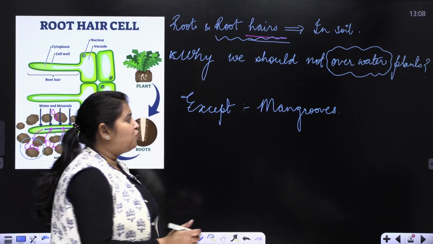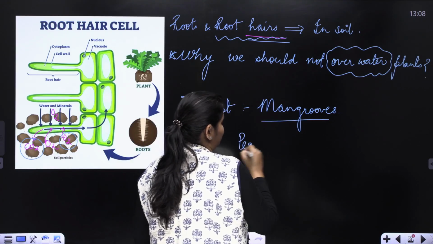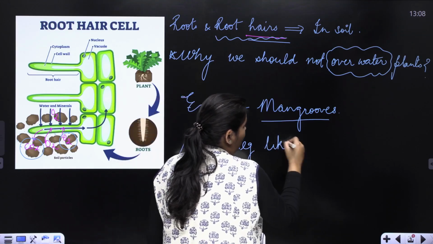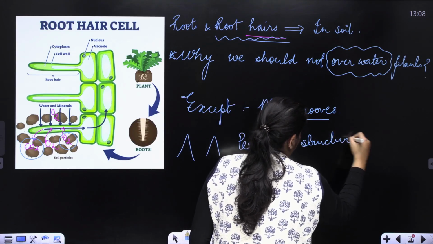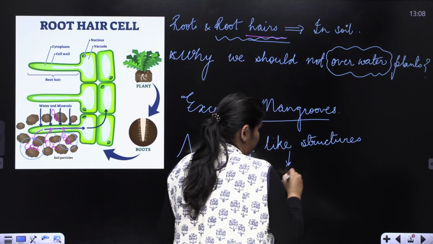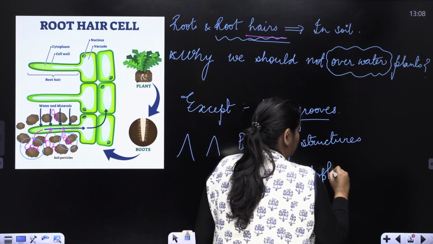So what do they do? They breathe with the help of peg-like structures like this, which are called pneumatophores.